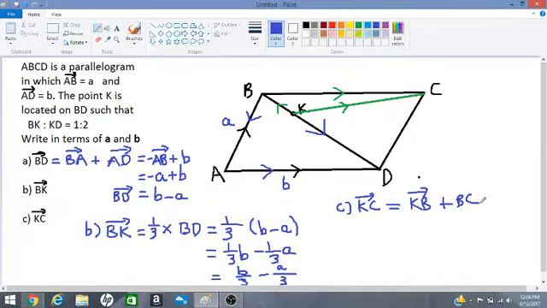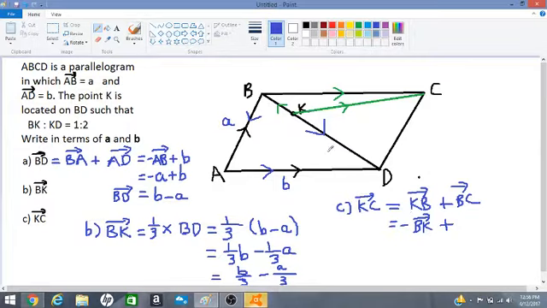We worked out BK and we got b over 3 minus a over 3. So to get KB now, that will be the negative of BK, the opposite of BK. BC, let's get that.